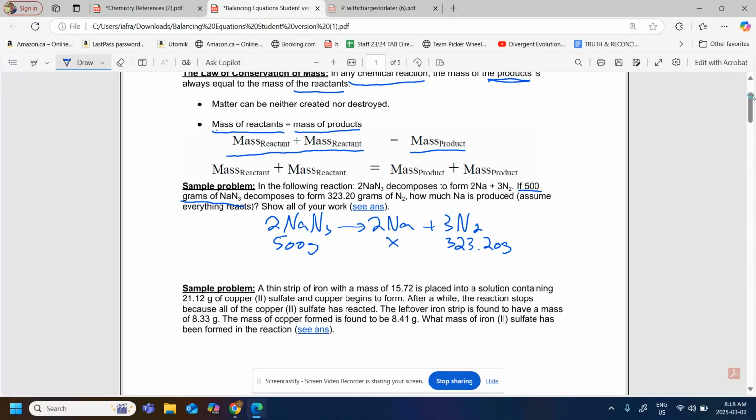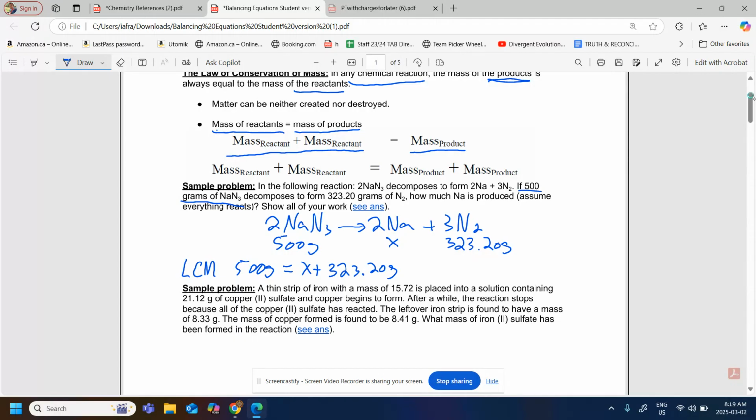You just really have to worry about the math and understand that because of the law of conservation of mass, the 500 grams that we started off with, if everything reacts, at the very end we should still have 500 grams, but of product this time. So 323.20 grams plus your X, your sodium, should be equal to 500 grams.